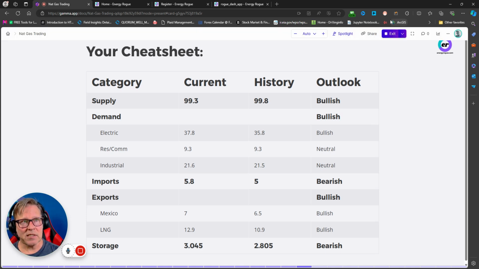Now, let me segue for just a second. When somebody says they are bullish or bearish, it's important to ask, well, what time frame are we really talking about? Are they talking about the next month, the next 2 months, the next 30 minutes? Because you could be bullish in the next 30 minutes, but bearish over the next 3 months.